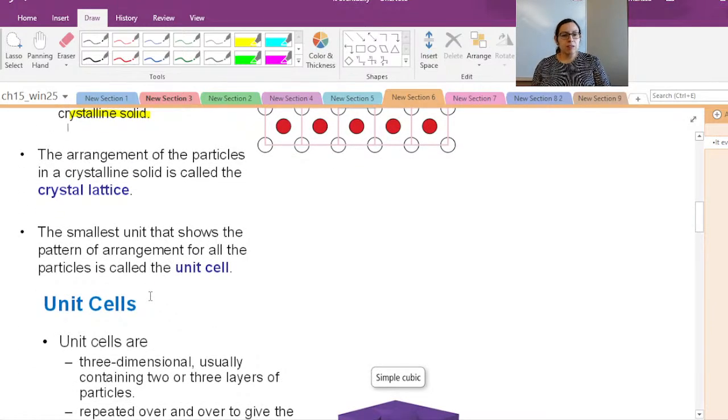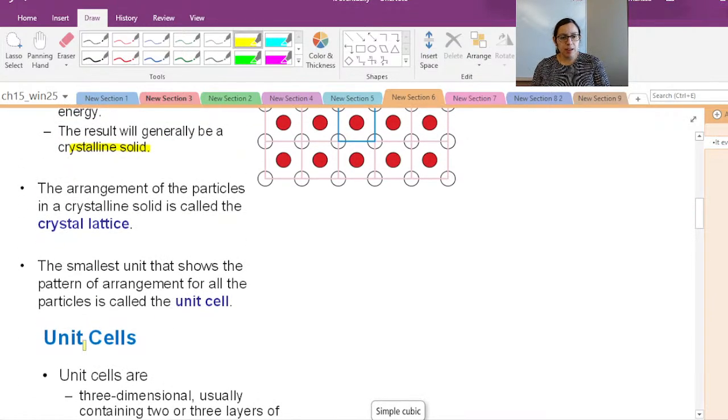What's calculated from your pretty picture by your crystallographer is what's called the unit cell. That's just the smallest arrangement of the pattern.